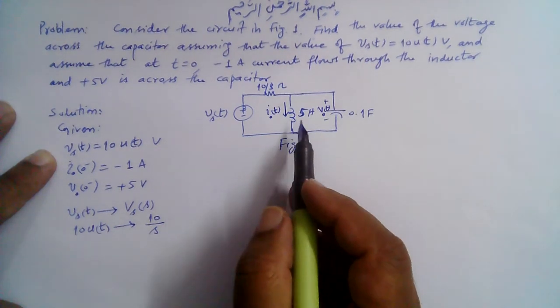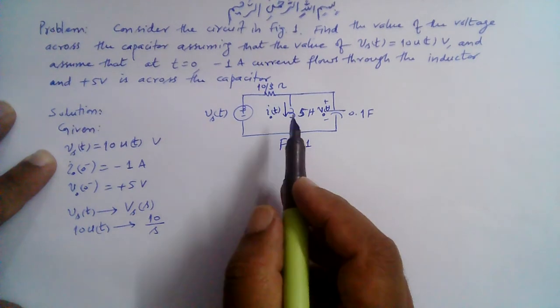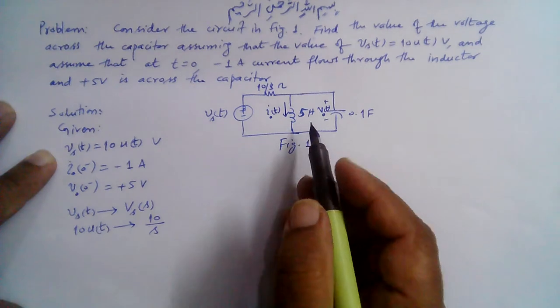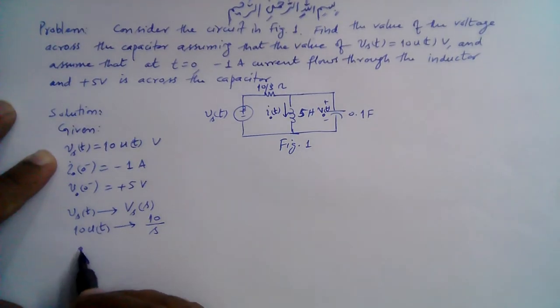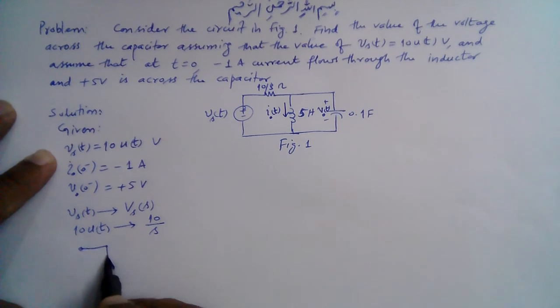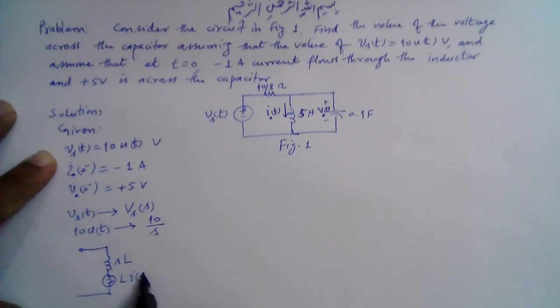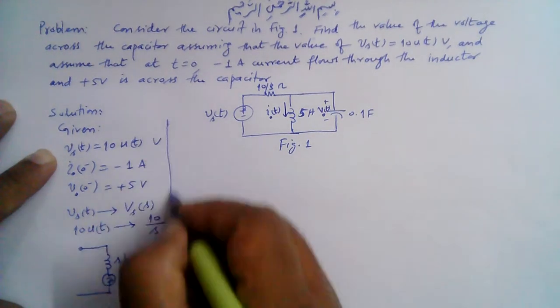And we need to transform these inductors also, but this inductor has an initial condition. So we can transform it in two ways. Either we can model it as an inductor in series with a voltage source here. So this will be SL and this will be L times I0 negative. Or we can transform it another way.